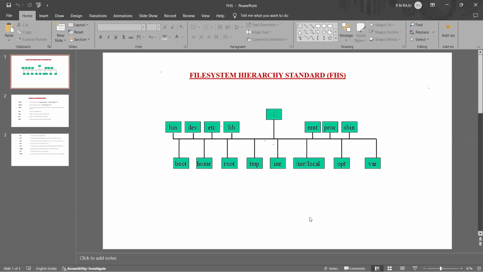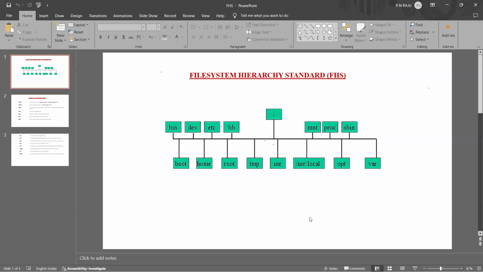Guys, when you want to store or retrieve data in your Windows, you have drives like C drive, D drive, E drive, different local drives, so it is easy to store your data and easy to retrieve it.